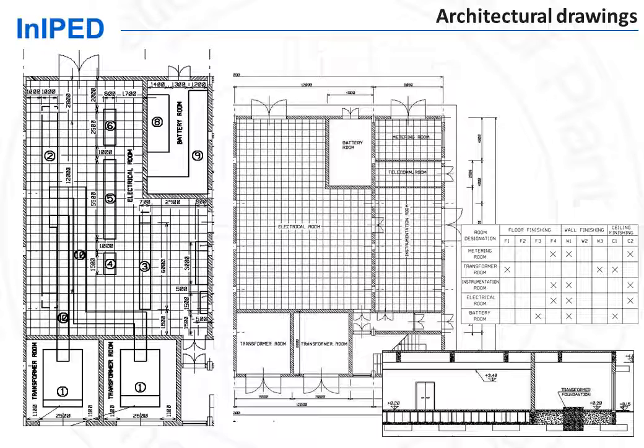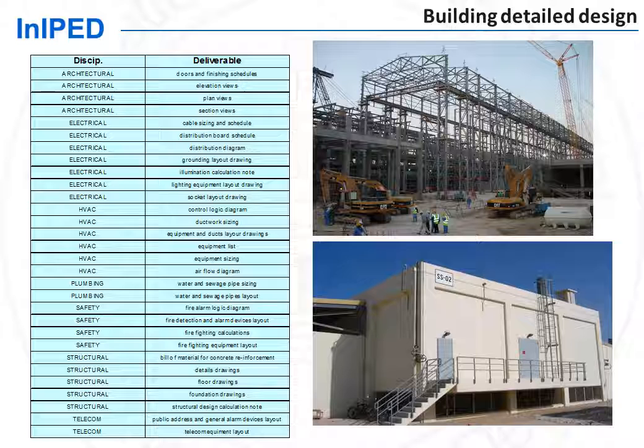The civil engineer of the EPC contractor usually stops here. He does not perform the detailed design of the building. This is usually done by the one that will construct the building, the construction contractor. The building construction contractor will prepare all the detailed drawings and all the bill of quantities in all disciplines, including structural, electrical, HVAC, plumbing, and so on.